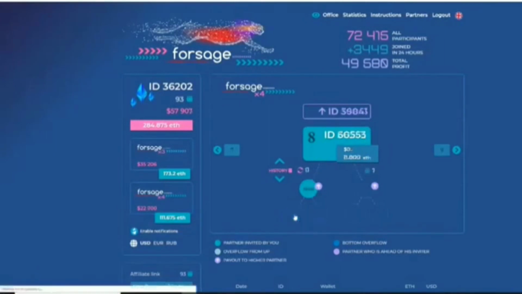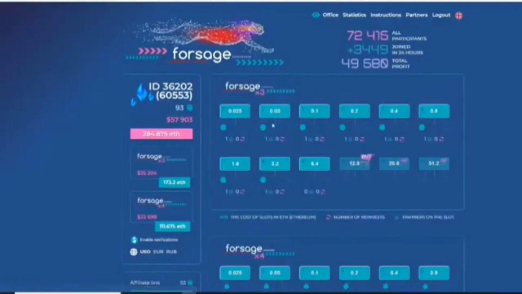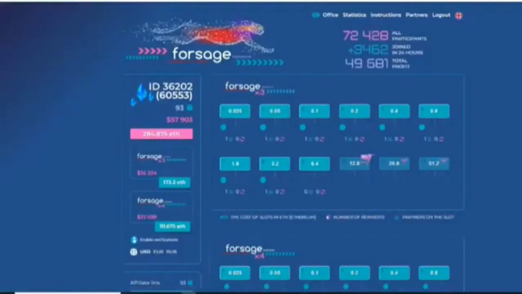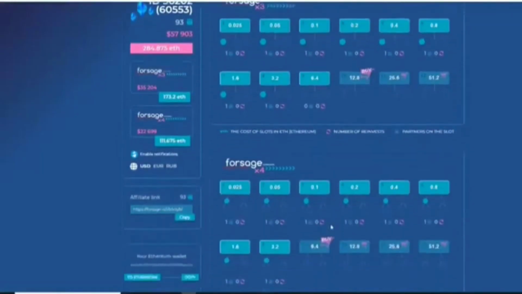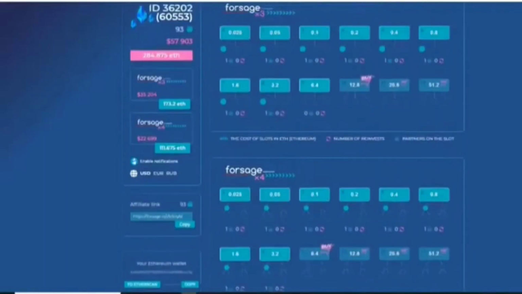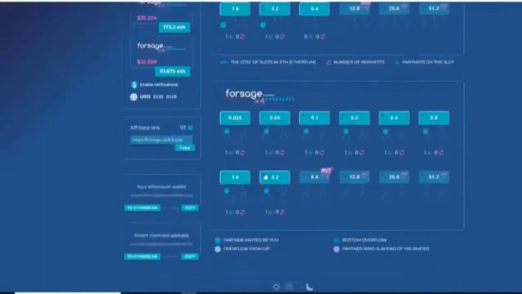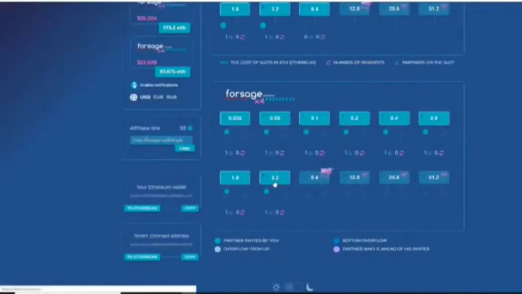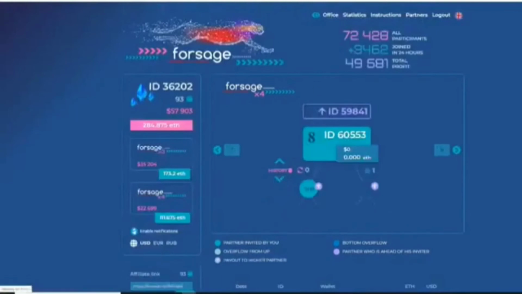If you follow the trail, 6553 has been brought by 59841. Okay, but for the matrix, it didn't fall in his matrix. Okay, if you take a look at 6553 over here, okay, it fell under somebody else's matrix.